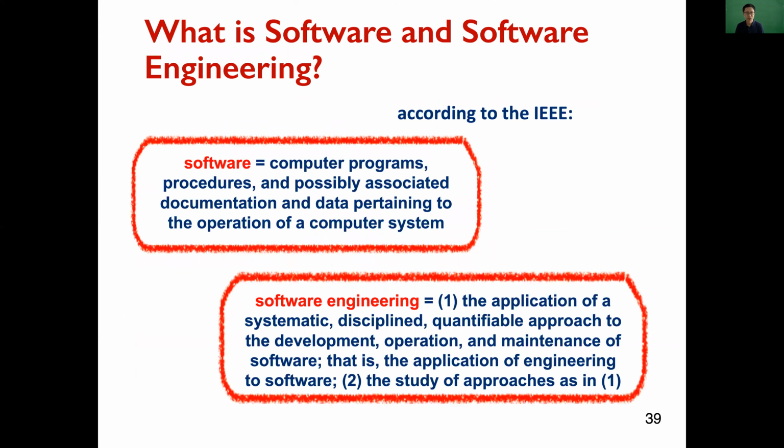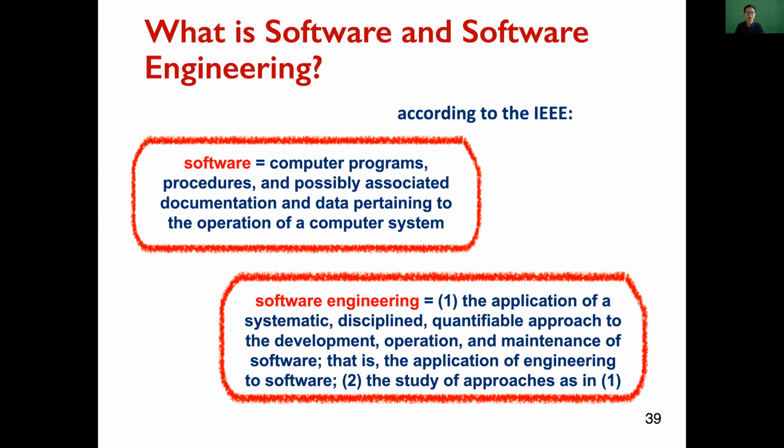First, software quality. Before we look at what software quality is, let's look at what software and software engineering are. According to IEEE, software is a set of computer programs, procedures, and possibly associated documentation and data associated with the operation of a computer system.